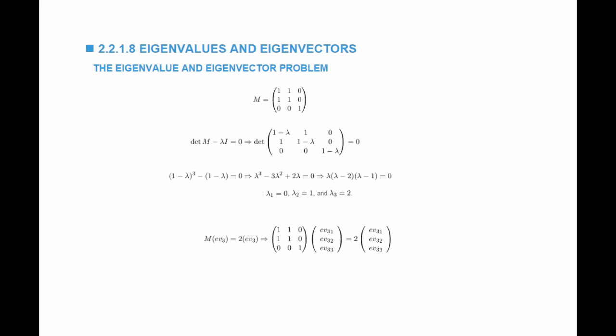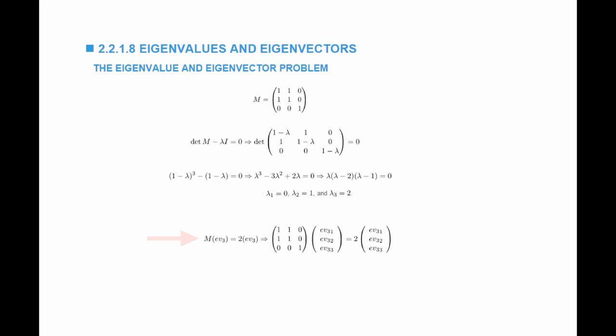Now to find the corresponding eigenvector, we're going to show you how to find it for the third eigenvalue, lambda 3 equal to 2. I'm looking for the eigenvector P3 such that when I multiply M by P3, I get 2 multiplied by P3. So I'm going to solve the equation. When I multiply M by the three components of the eigenvector, I get 2 multiplied by the three components.